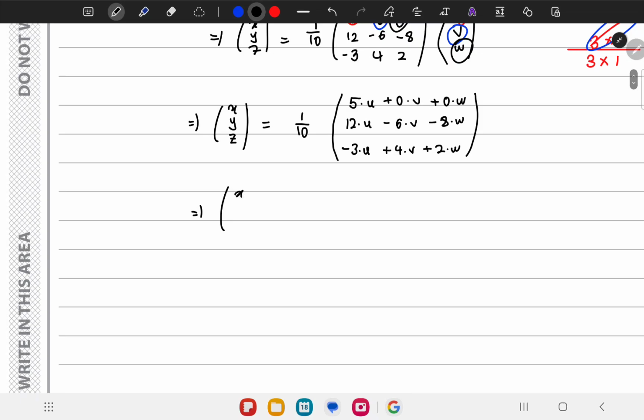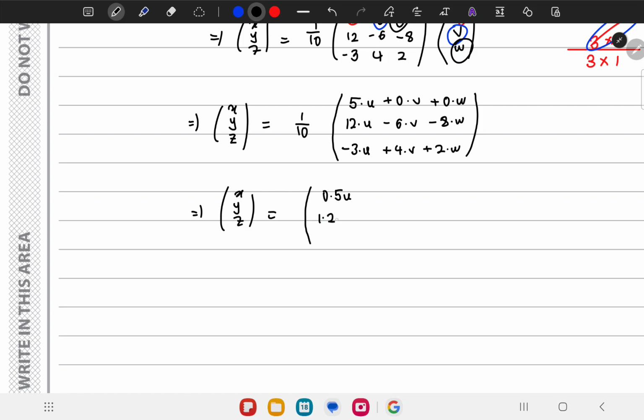So x, y, z is 1 by 10 times 5u, 12u minus 6v minus 8w, and minus 3u plus 4v plus 2w. I can just put the 1 by 10 inside already. 5 by 10 is 0.5u.